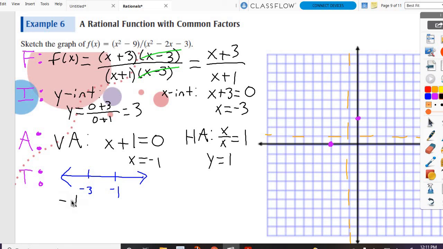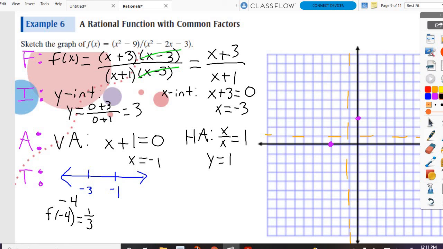So let's say -4. So what do we get if we plug in -4? Remember, we're plugging it into our reduced one. You would have -1 divided by -3. So we get a positive 1/3.